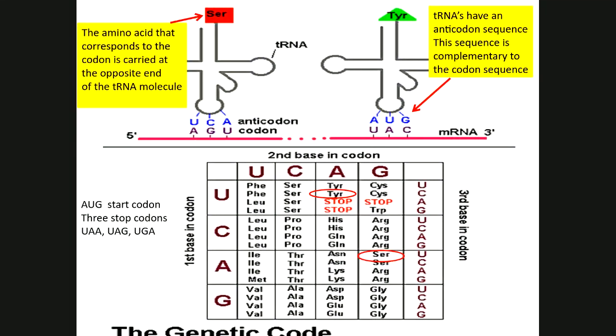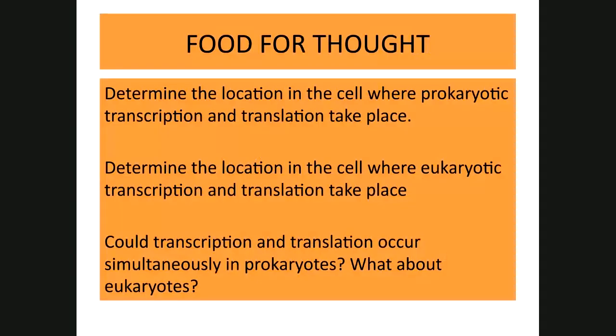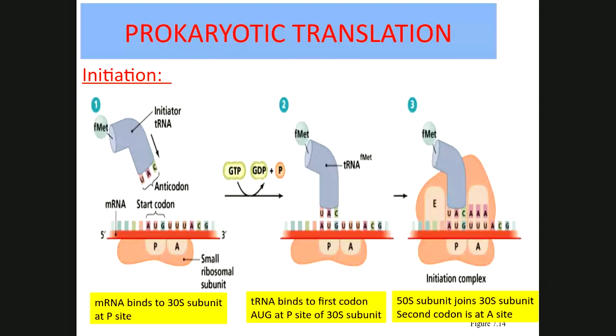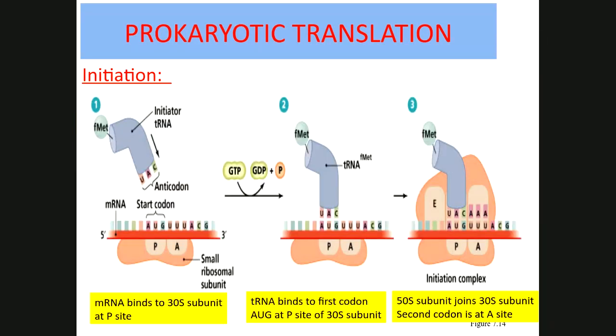The way translation is going to proceed is by using ribosomes as the location where translation happens and transfer RNA as the molecule that is going to correlate the codon with the amino acid. So let me show you how that proceeds really quick here. This is how translation begins.